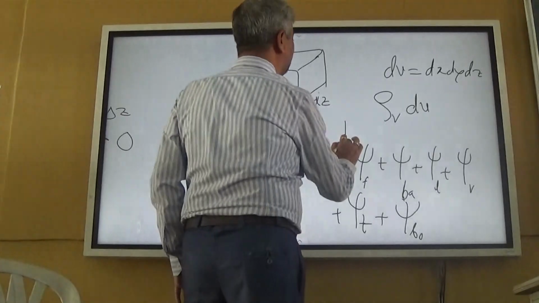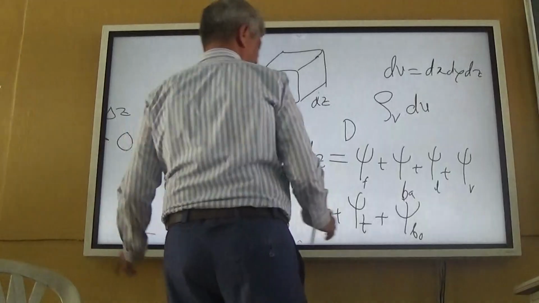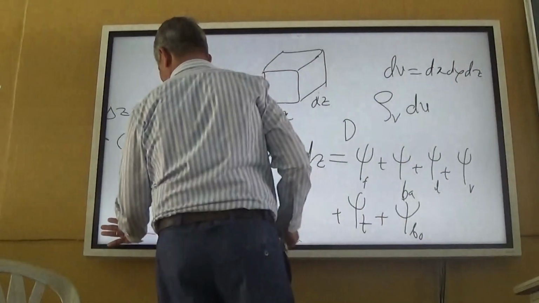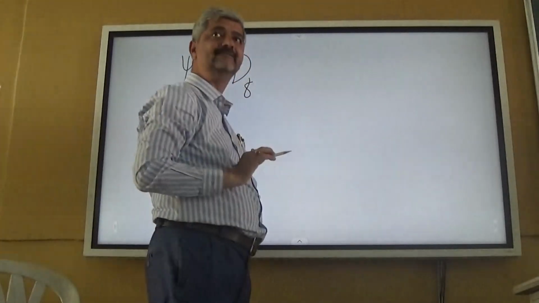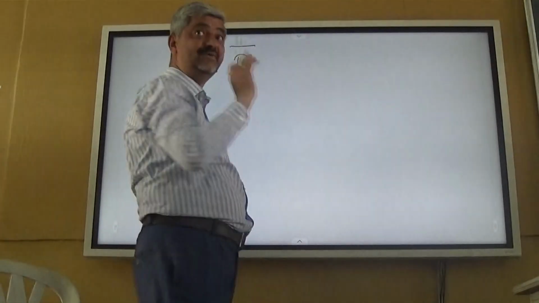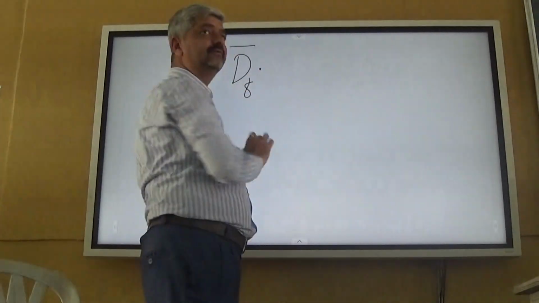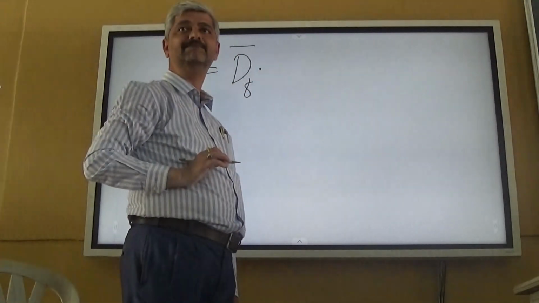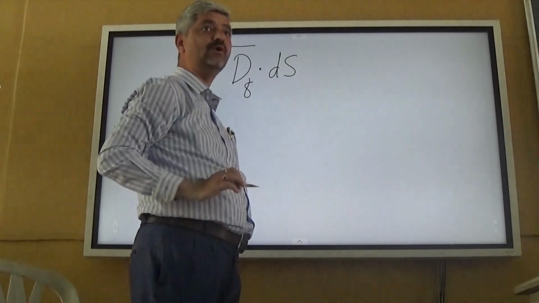This would be D. अगदी मॅथमॅटिक्स अँड कॉमन सेन्स या दोन्हीचं आपण कॉम्बिनेशन करून लिहितोय. Flux through front surface is equal to the density at front surface, it's a vector, dot ds. What is ds?